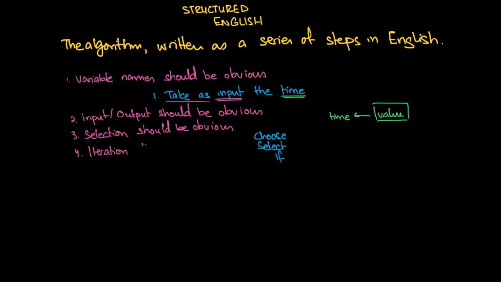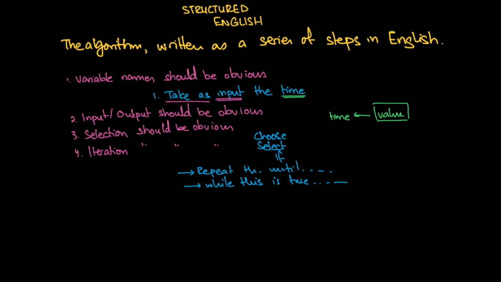Iteration should be obvious, and this is done by using words like repeat this until some condition, or while this is true, do something. So that indicates what kind of loop you're going to be using. Here you're going to use a repeat until loop, and here you're going to use a while loop, which we'll talk about in detail in the upcoming chapters and videos.